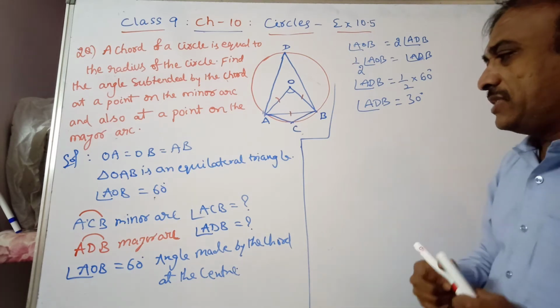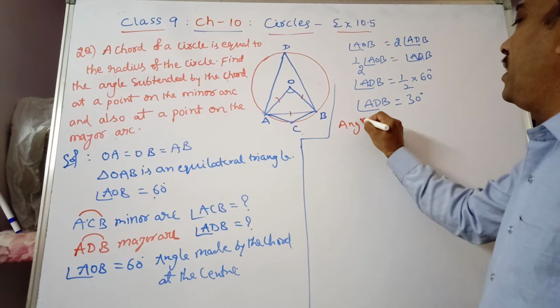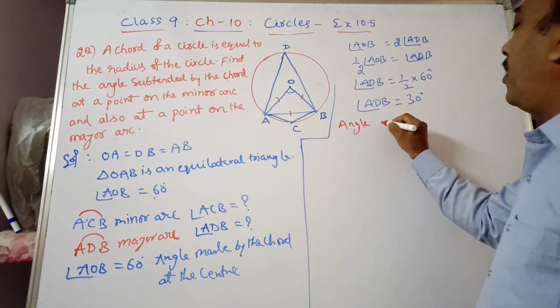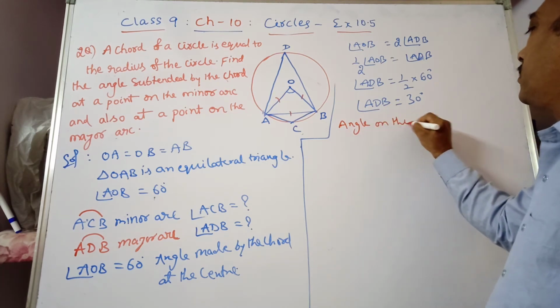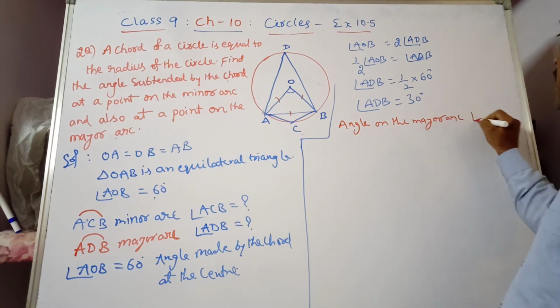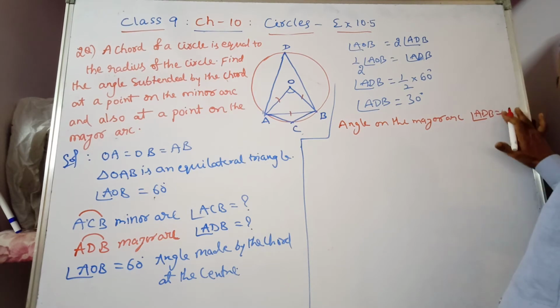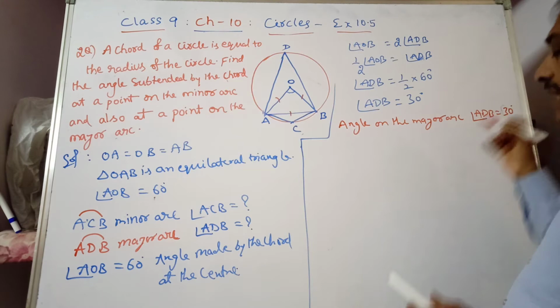We obtained this: the angle on the major arc, angle ADB, is 30 degrees.